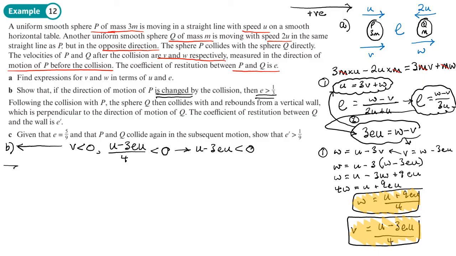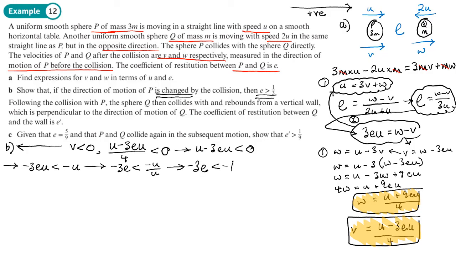If we take away u from both sides, we get this. Now if I divide both sides by u, I'll have negative 3e is less than negative 1. I don't have to flip the sign yet because u is positive.